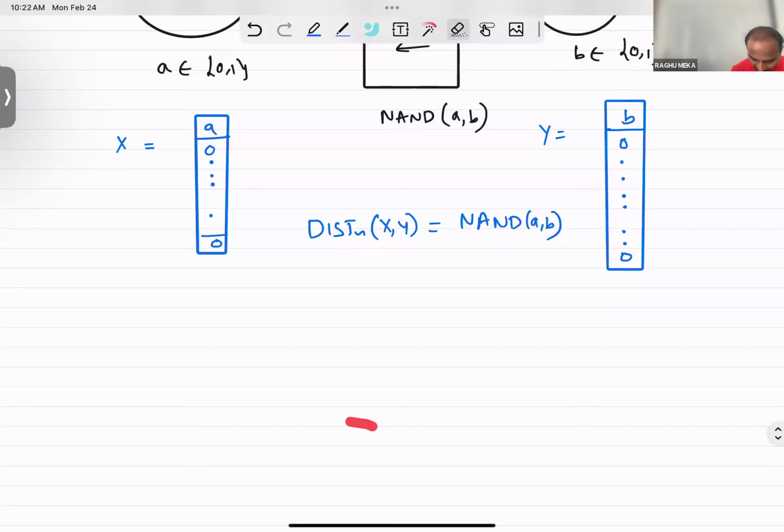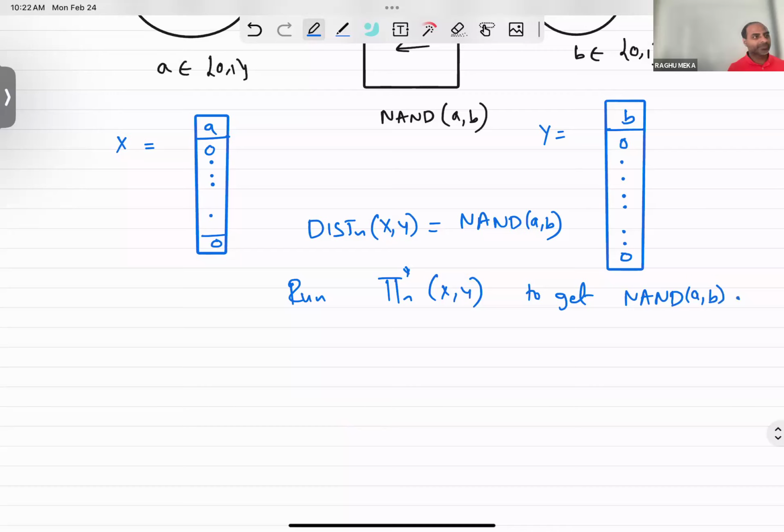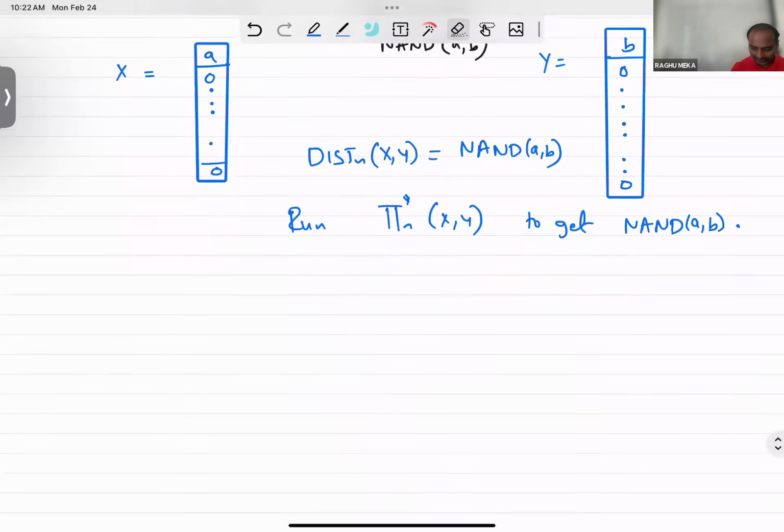So we run pi n star of x comma y to get AB. Okay. Does this bias anything in terms of the cost? Right.